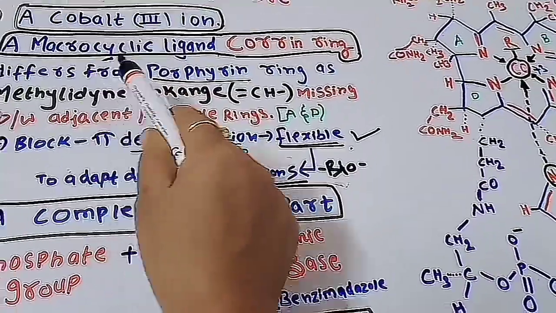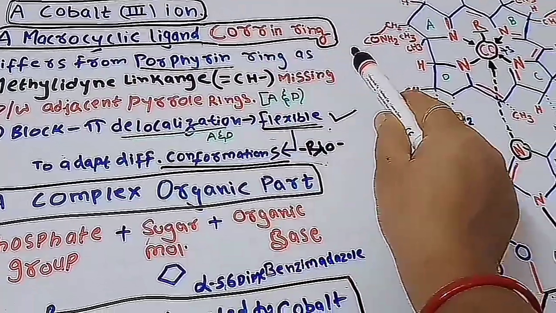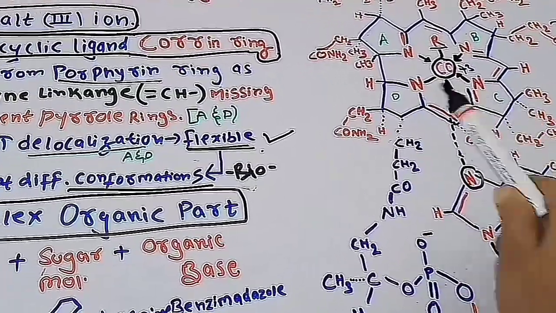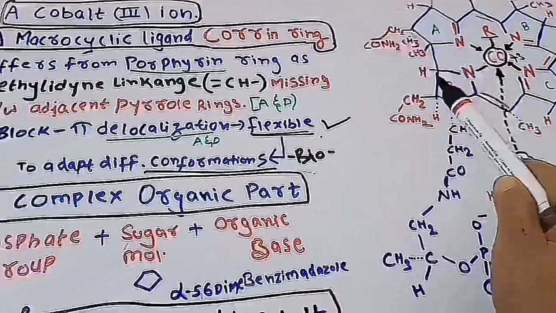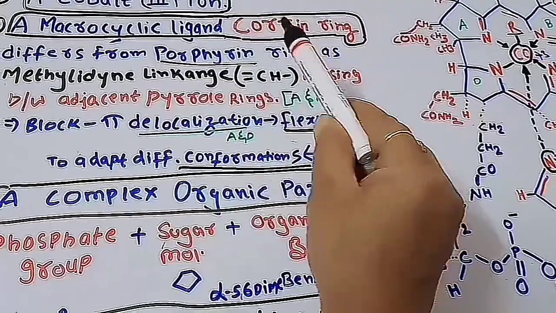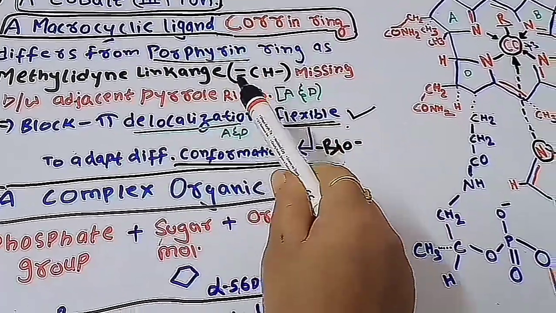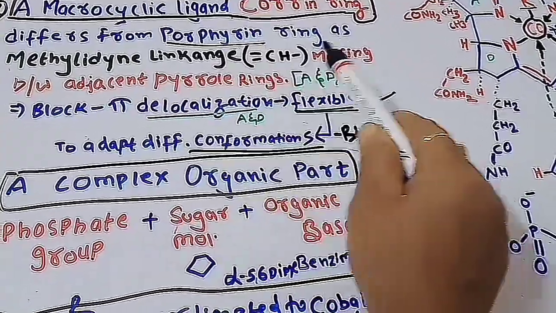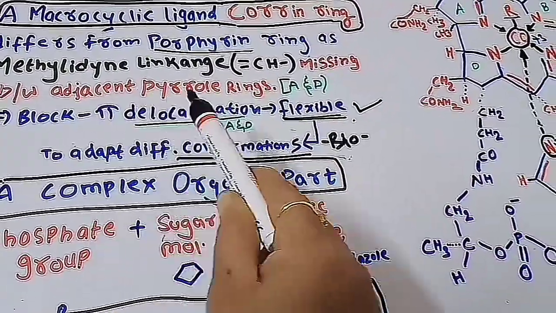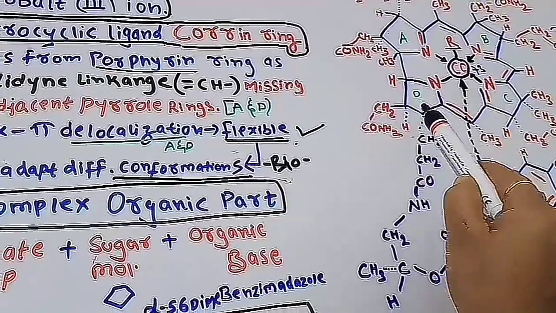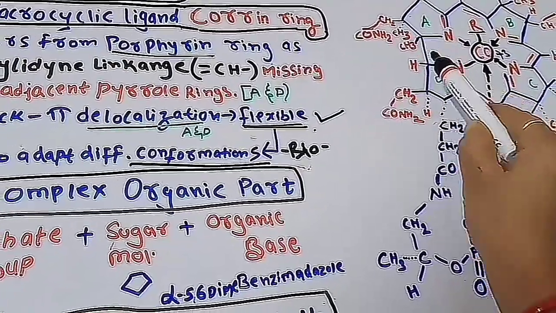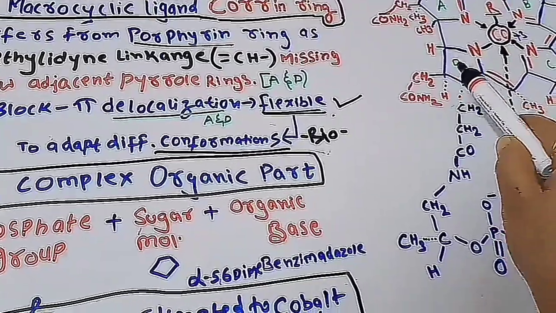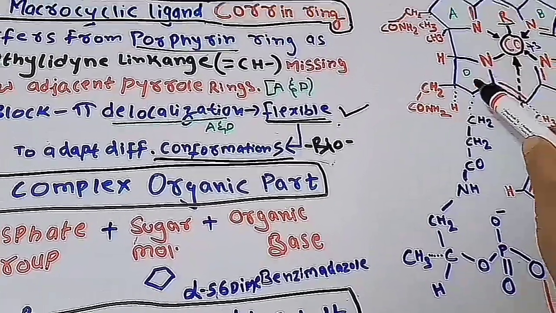Second is our macrocyclic ligand, that is our corrin ring. This corrin ring is made up of 4 pyrrole rings, A, B, C, D. It resembles the porphyrin ring, but it differs as a methylidine linkage, CH, is missing between the adjacent pyrrole rings A and D. Because of the missing CH group between A and D, it also blocks the pi delocalization of the electrons.